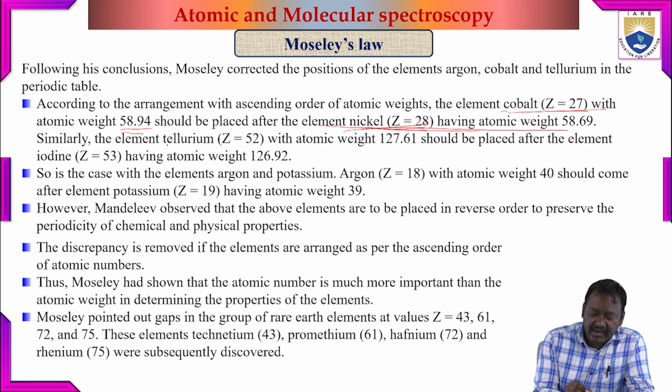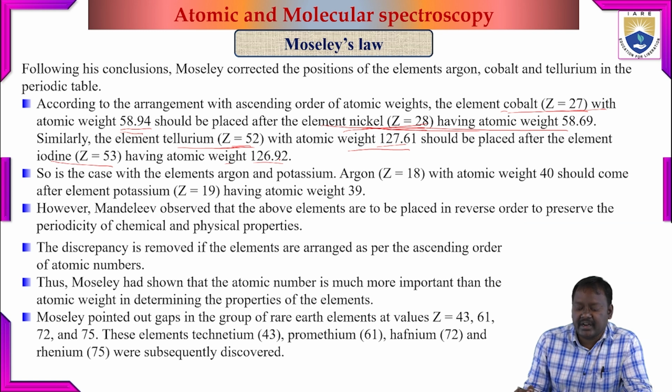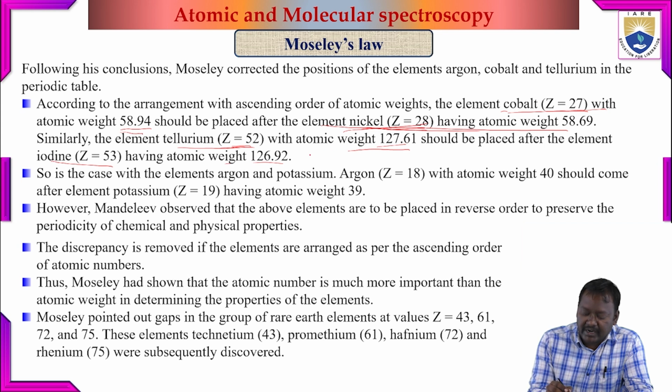And similarly, in the case of tellurium and iodine, the atomic numbers are 52 and 53 respectively. But by observing the atomic weights, tellurium has 127.61 units and iodine 126.92 units. So according to atomic weight, iodine must come earlier than tellurium.